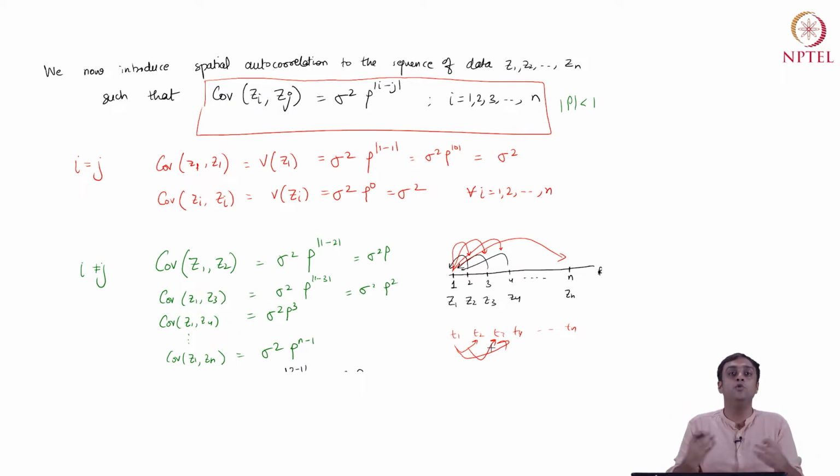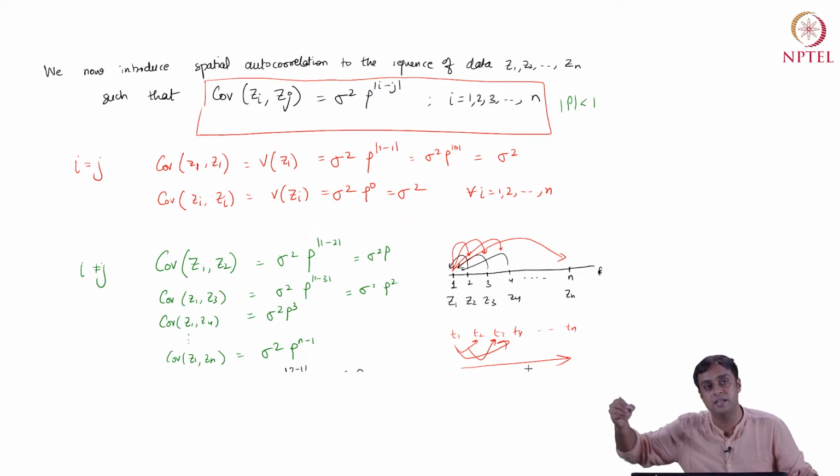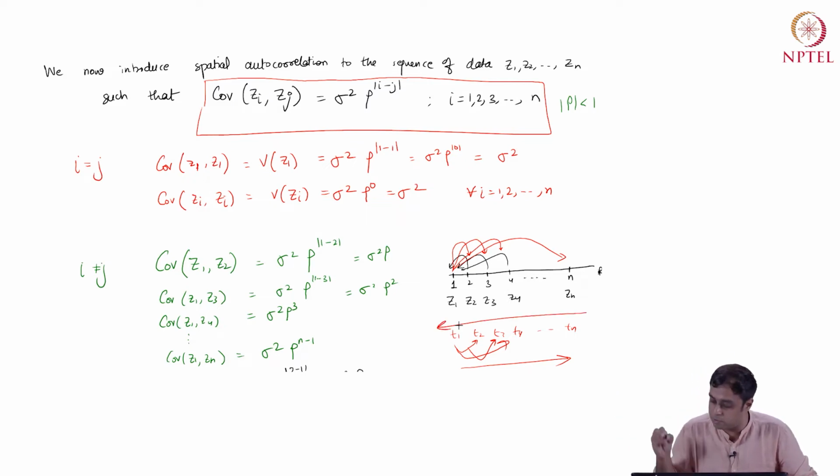So this unidirectionality is relaxed in case of spatial dependence or spatial autocorrelation, right? Here the dependence, unlike in time series data where it goes in one direction of increasing time periods, also comes back.